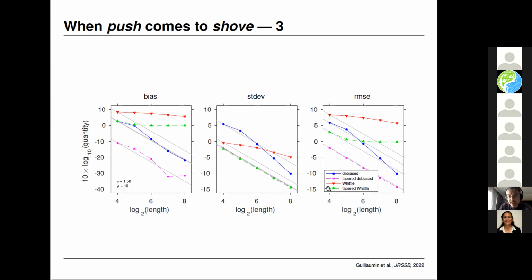And so having this behavior for the debiased version of this Whittle likelihood is our computational illustration of all the theorems in the paper.